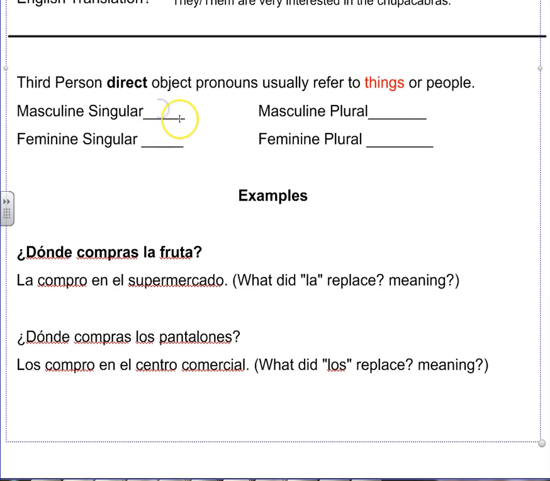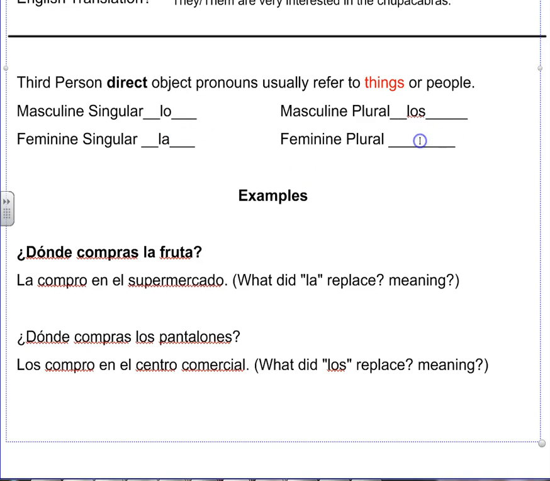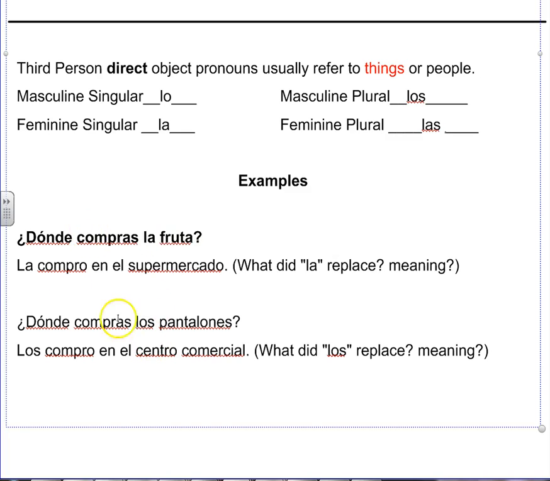They are the masculine form, lo, the masculine plural form, los, the feminine singular form, la, the feminine plural form, las. And these 4 are direct object pronouns. Now, how do we use these? That's the biggest question. Let's look at some examples.